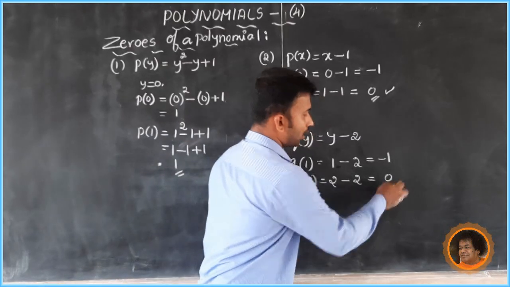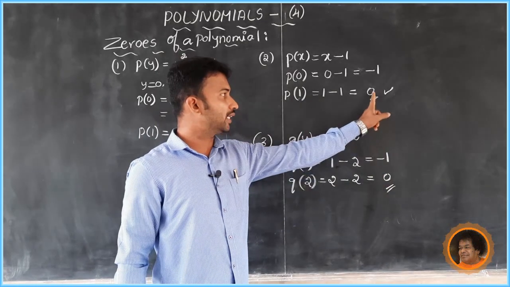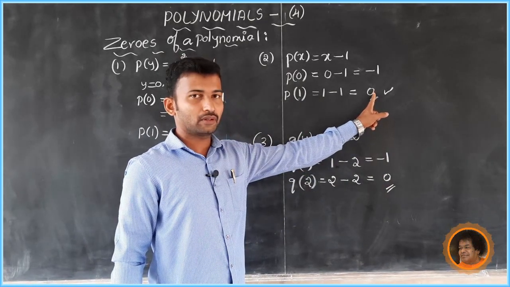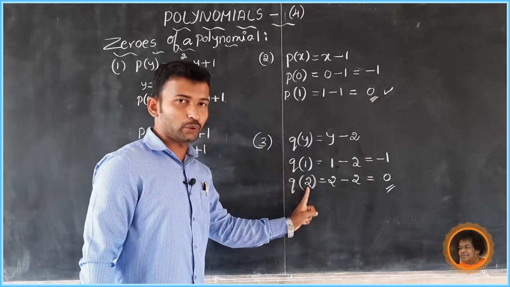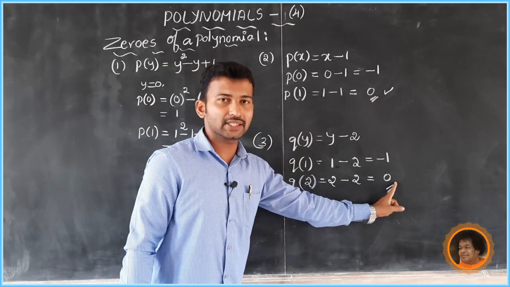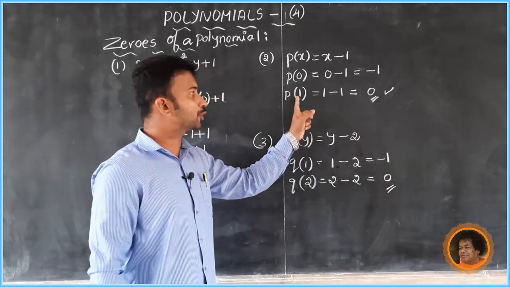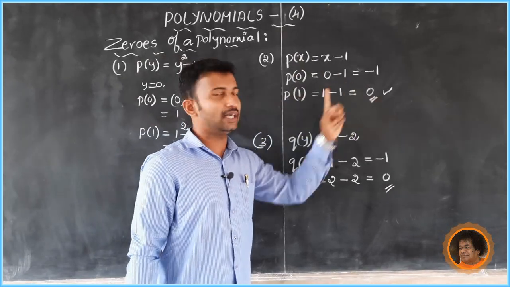Students, observe the answers. If you substitute y is equal to 2 in this polynomial, we get 0 as the answer. If you substitute 1 in the previous polynomial, we also get 0 as the answer.